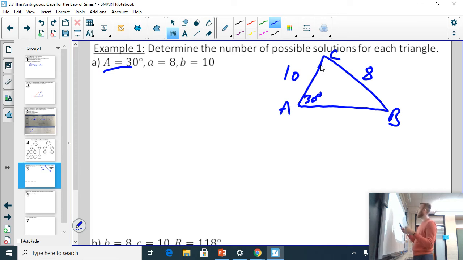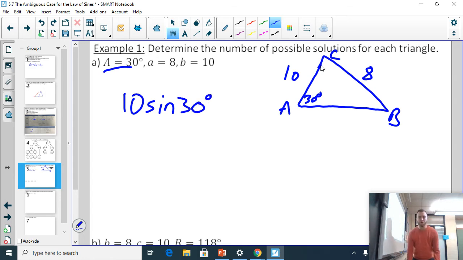We need to find what b sine A is. So b sine A is 10 times the sine of 30 degrees. We don't need a calculator for this. If we've gotten some practice with the unit circle, we can recognize sine of 30 as 1/2. So it's really just 10 times a half, which is 5, right?